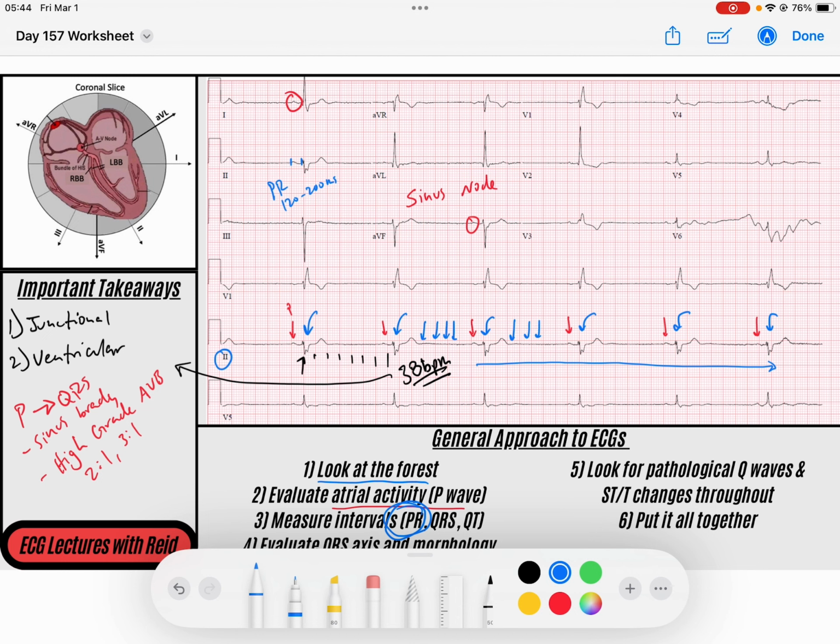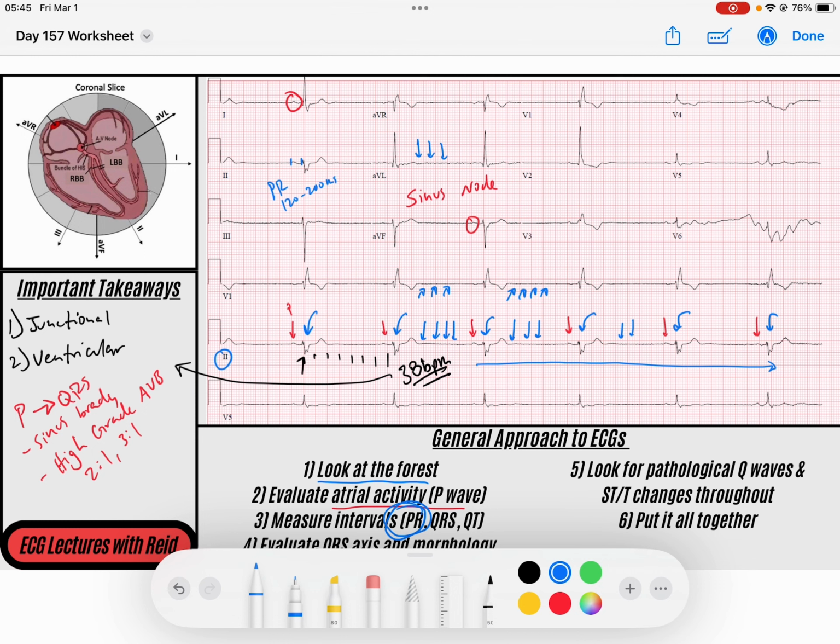And what's interesting is I don't see any. Right, and I do it in multiple leads to make sure I'm not missing a certain morphology, right? Scan through, and I don't see any, right? You don't see anything up here. And so this must just be a severe sinus bradycardia, right? If every P wave is connected to a QRS is just going this slow, it's pretty remarkable.